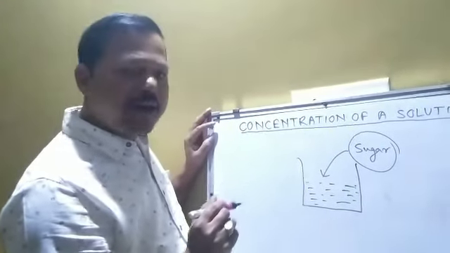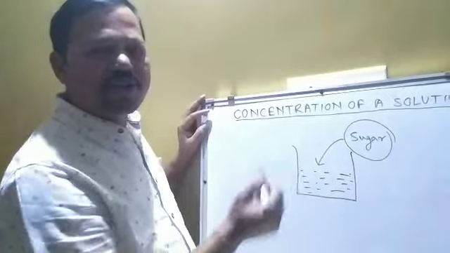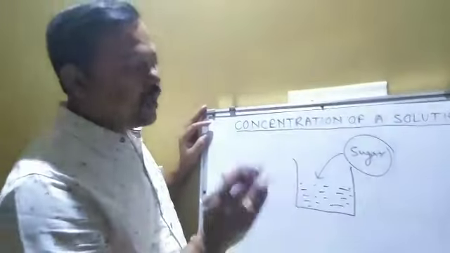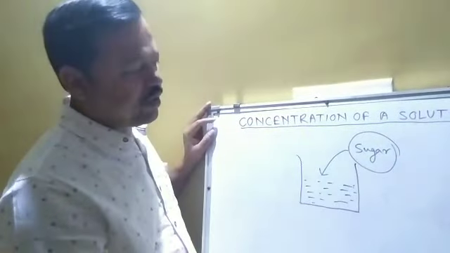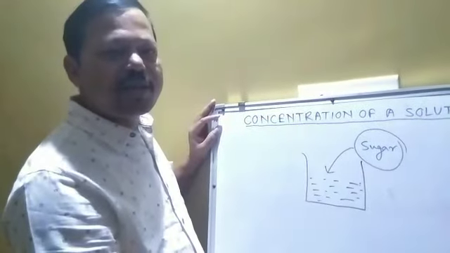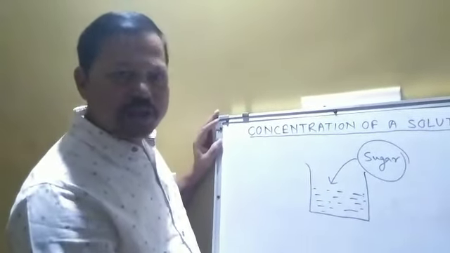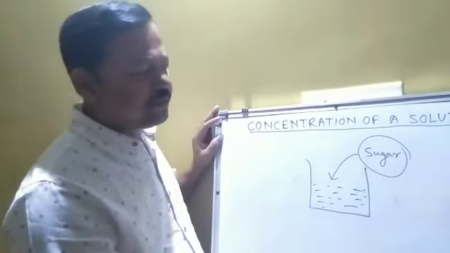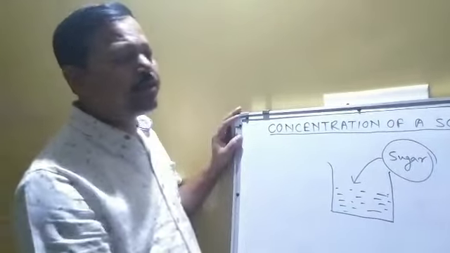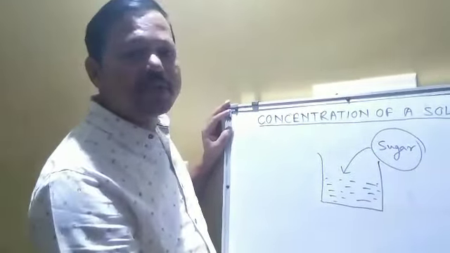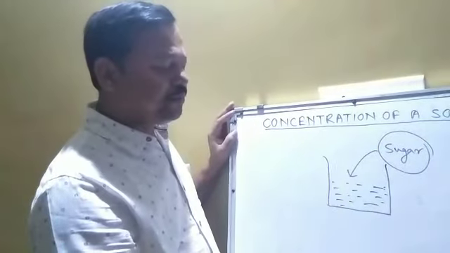If someone asks you what the concentration of your solution is, how do you express it? To express the concentration of a solution, there are different types of units you can use.